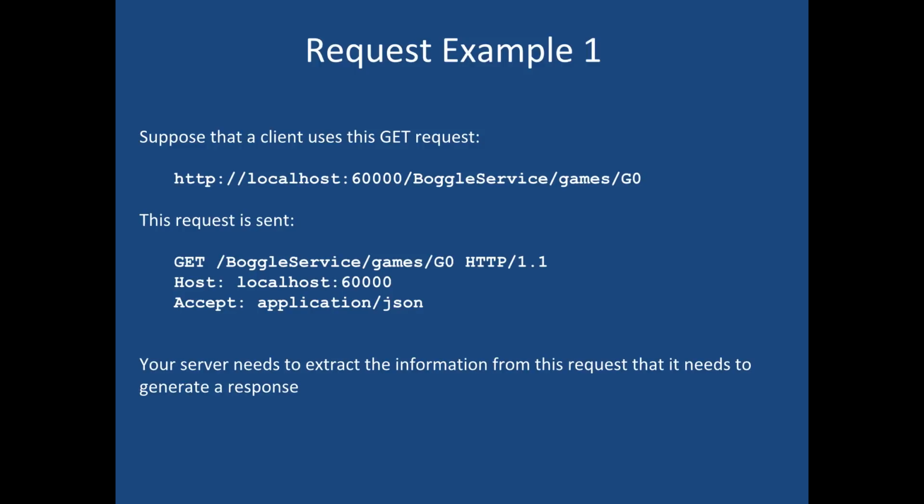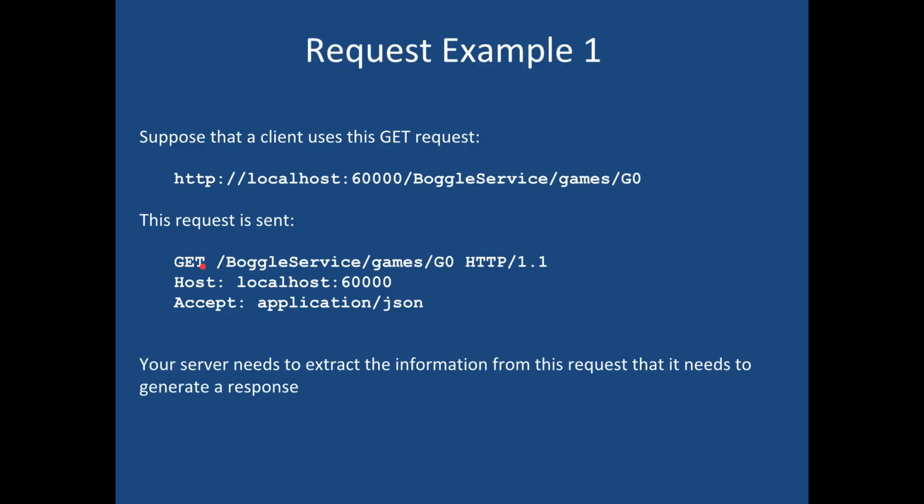What's your server got to do? Yeah, you have to parse the text. You've got to parse that first line. You've got to look at the first word on the line and see, is it GET, is it POST, is it PUT, is it DELETE? So you see GET. Okay, that's one thing.